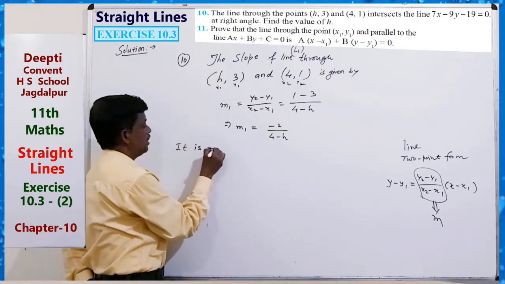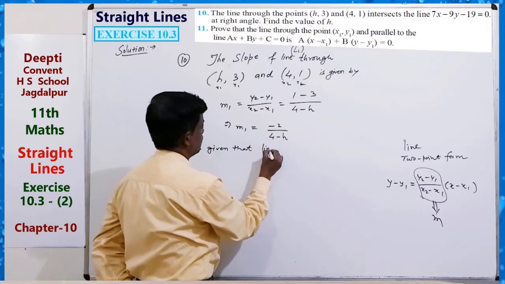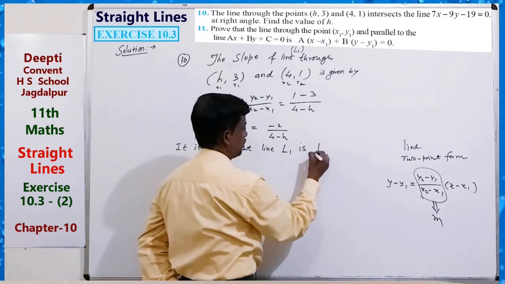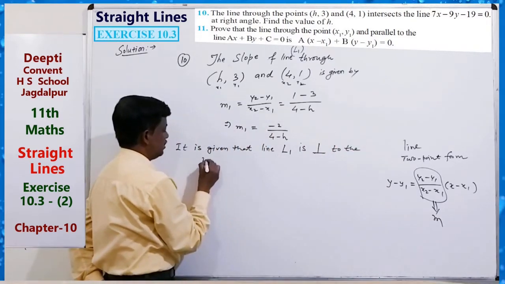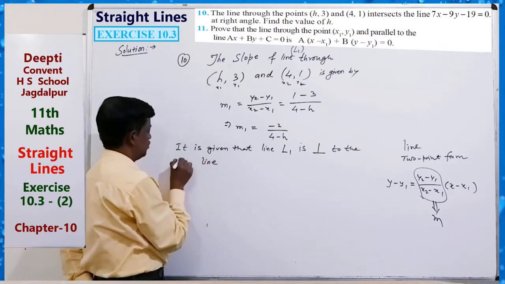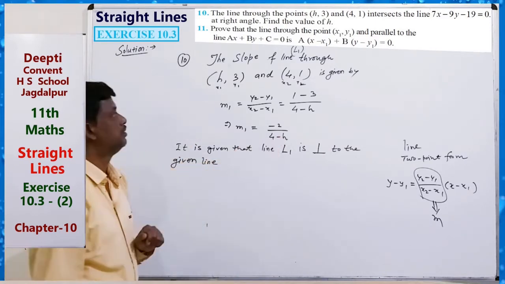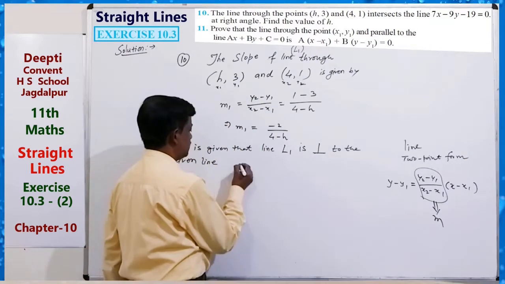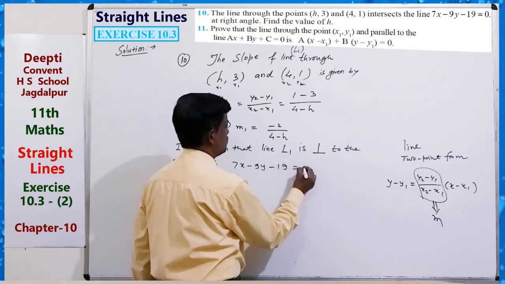It is given that line L1 is perpendicular to the given line. What is the given line? 7x minus 9y minus 19 equals 0.